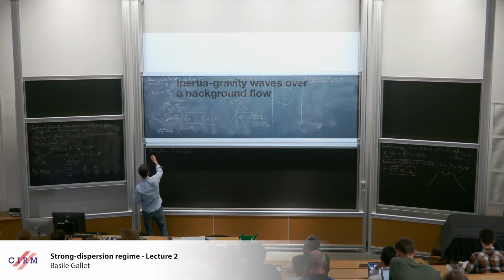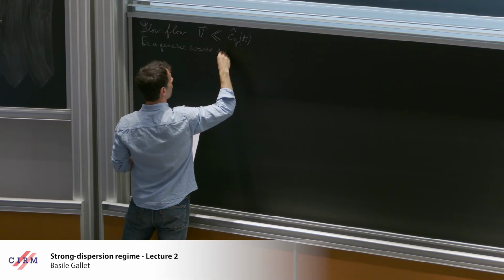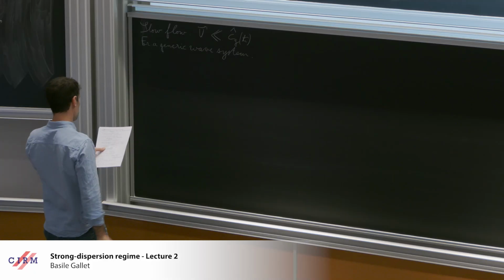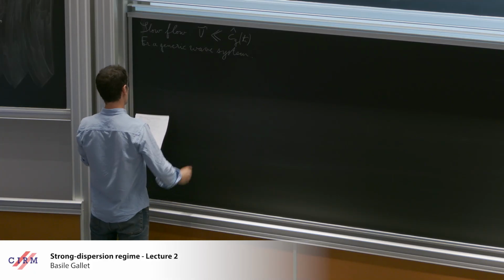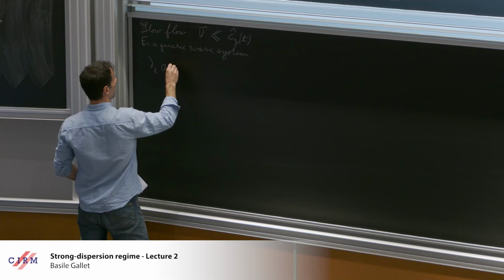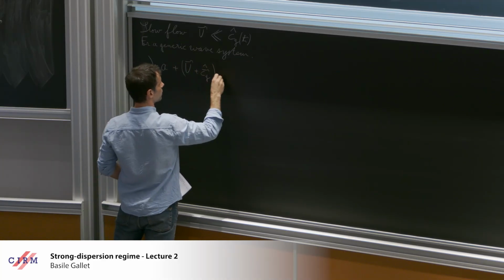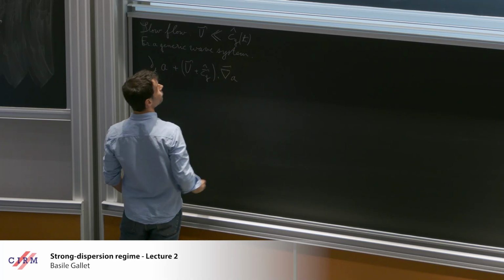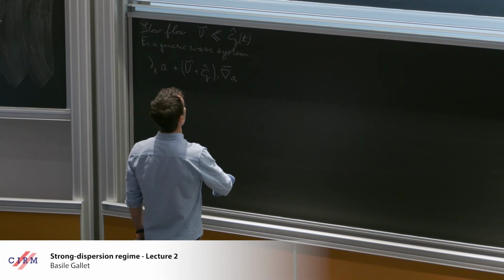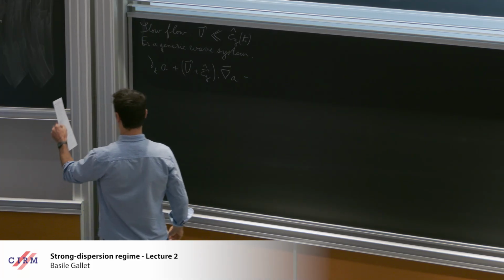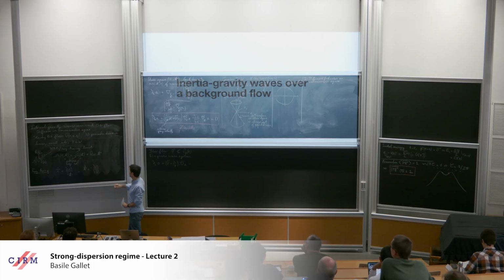And then for a generic wave system, the Liouville equation here: dt of A plus U plus c_g hat dot grad A, and then minus d omega dx, only this thing depends on x.